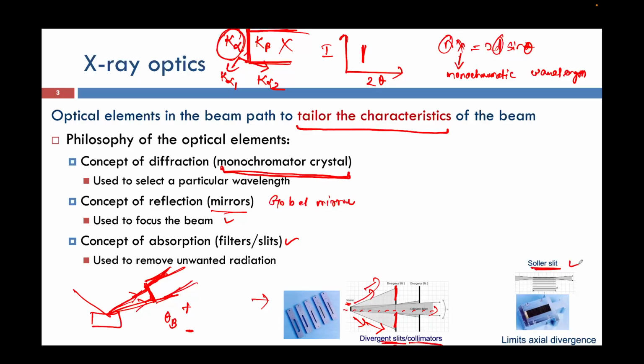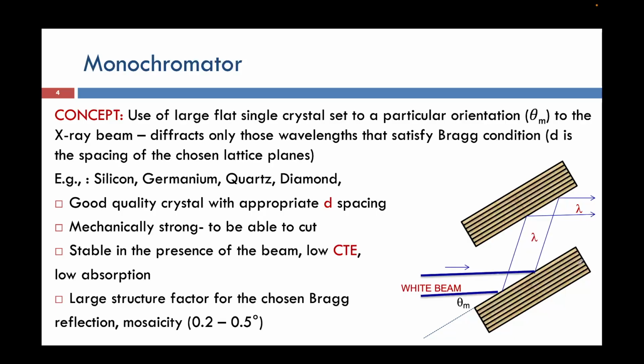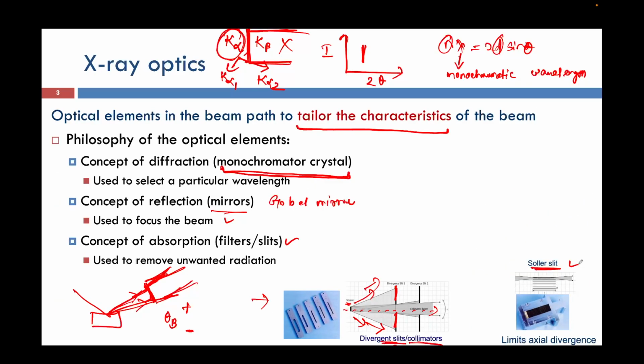Okay, and now, here I want to tell you another thing, that is the Gobel mirror. I told you that the concept of reflection is used for the Gobel mirror. In the last class we saw that there are two circles. Let's say this is the source I am drawing, here this is the detector, and this is the sample.